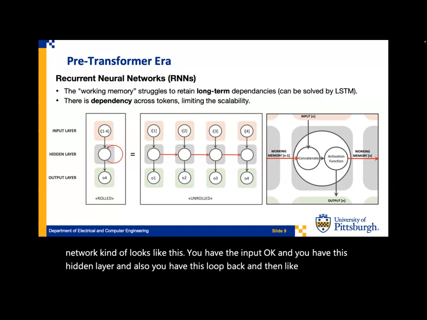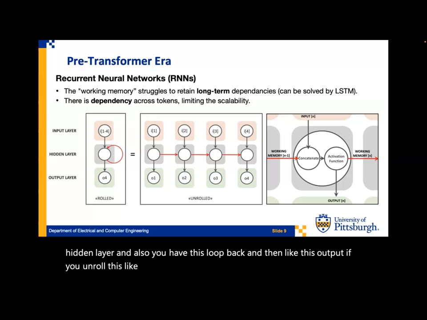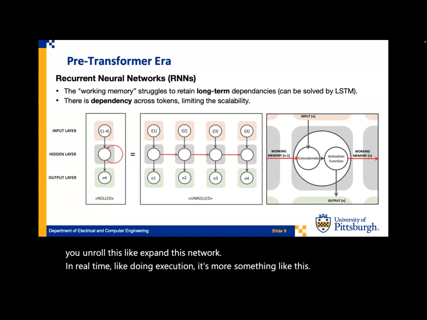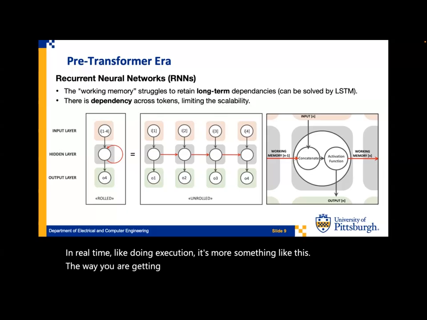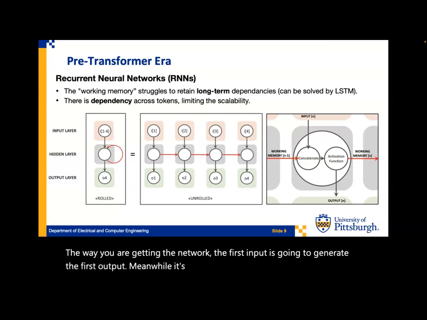If you unroll this, expanding the network in time during execution, it looks more like this. When you give the network the first input, it generates the first output. Meanwhile, it also generates this red line output and feeds it back to the network itself.